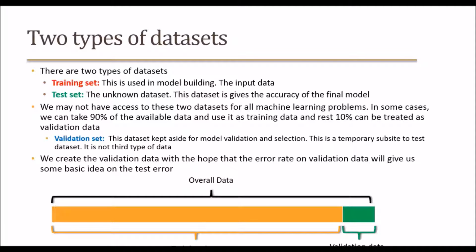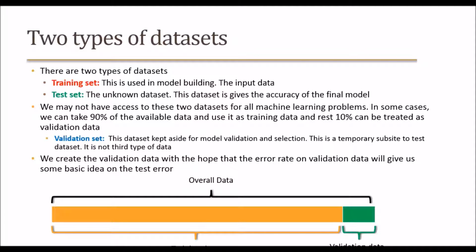The test data set is the unknown or validation data set that we keep aside to test our model. Once we build the model on the training data, we test it on the test data set, which gives the final accuracy of the model built on the training data set.